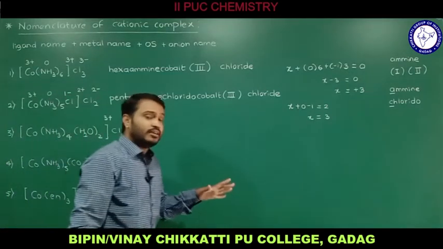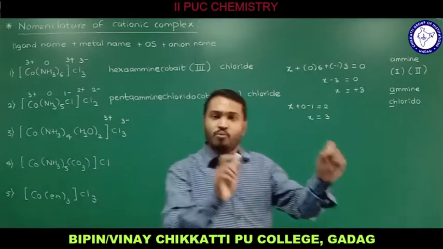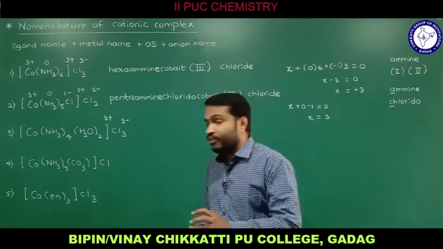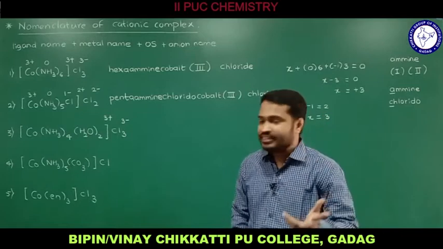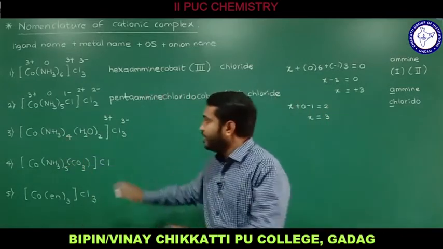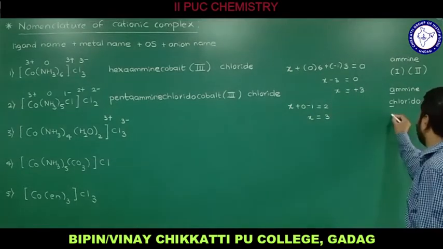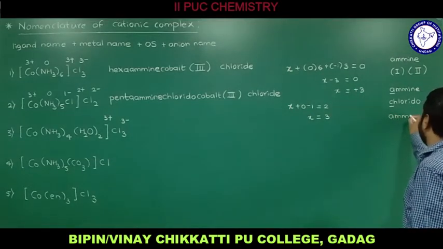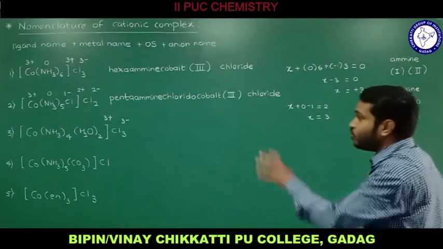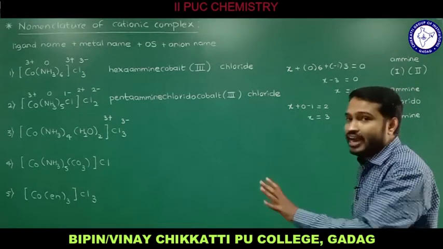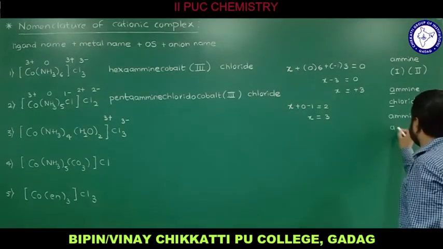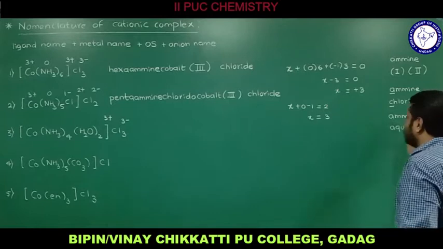If you observe the terms involved in the coordination sphere, cobalt is the central metal atom, whereas we have two different ligands. One is NH3 and H2O is also a ligand. So what is the name? NH3, as we know, is amine. Okay. Do you remember the name of the ligand H2O? Aqua, isn't it? So we have two ligands.